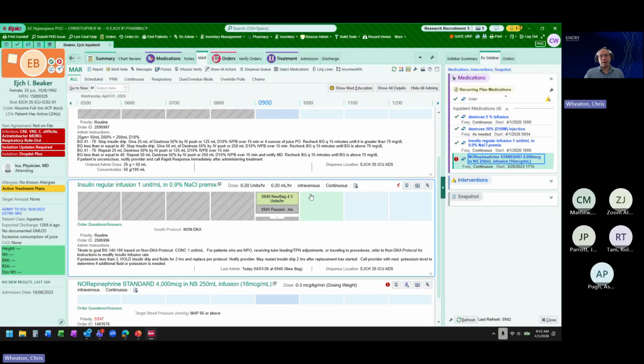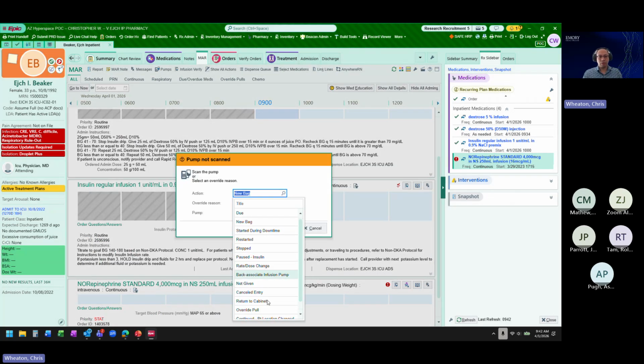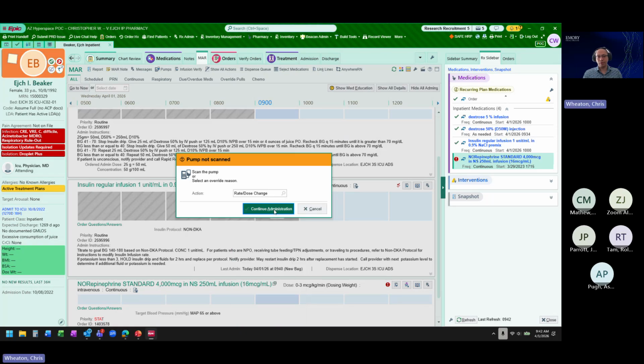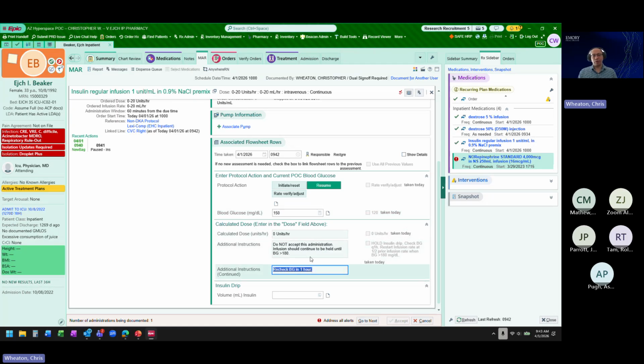Say we then waited an hour and then are checking the blood glucose and then inputting it again. So here we will continue to document. We will use the resume action. If the blood glucose increased a little bit but isn't at that greater than 180 threshold, it will continue to tell you to not accept this administration and to recheck in an hour.